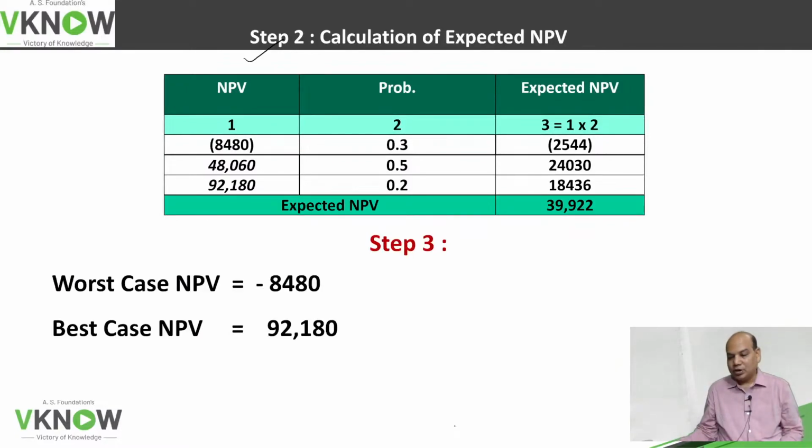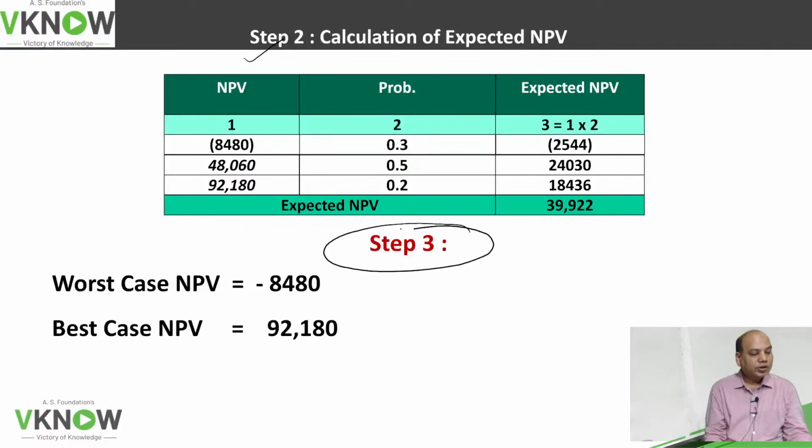Now write down step 3. In step 3 the question says what is the best case NPV and what is the worst case NPV. So the smallest NPV is worst one and the highest NPV is the best one.